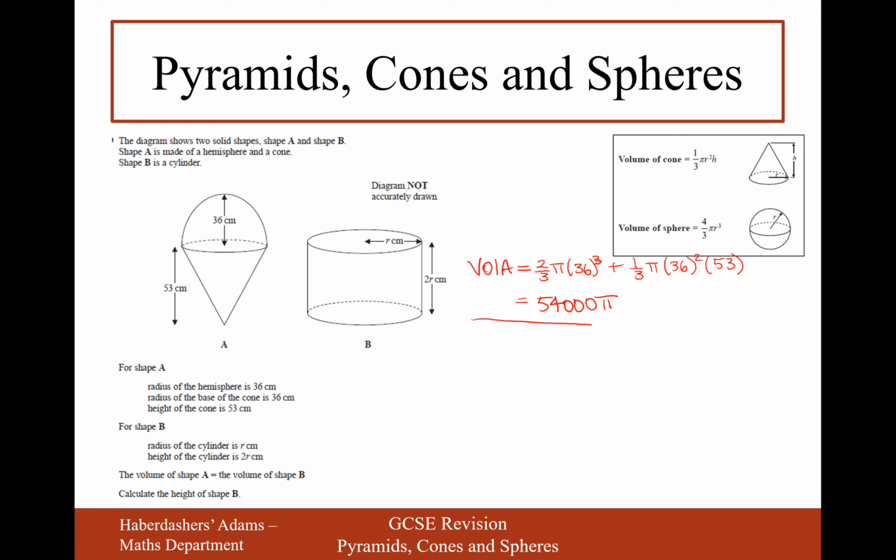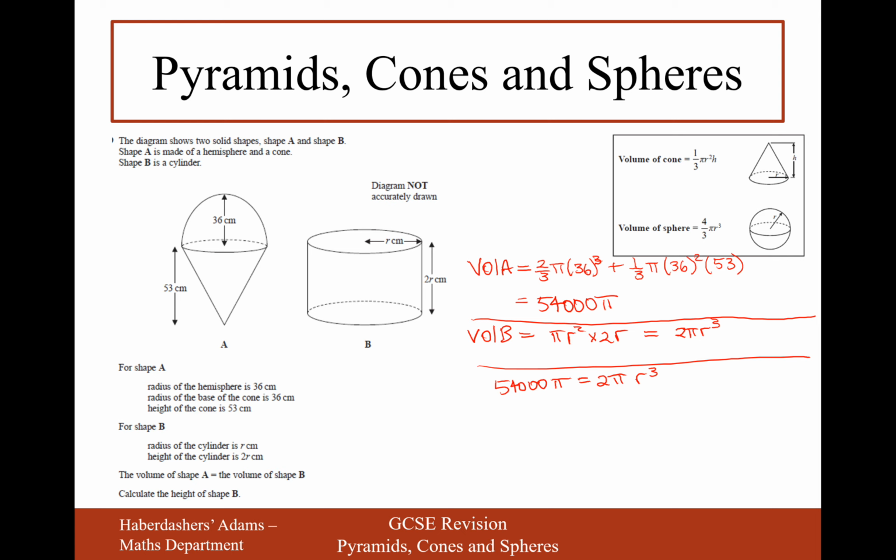Let's now set it equal to the right-hand shape. So volume B is going to equal pi r squared times 2r. So if we simplify that, that's 2 pi r cubed. So now we'll set the two equal to each other. So it's 54,000 pi equals 2 pi r cubed.